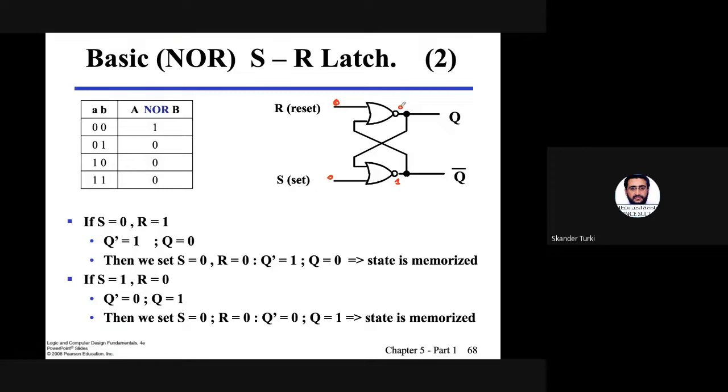So this 0 will not change. We had 0 here because we had 1, and only a 1 gives 0. So even if R goes back to 0, the information is saved. The state of the system doesn't change.